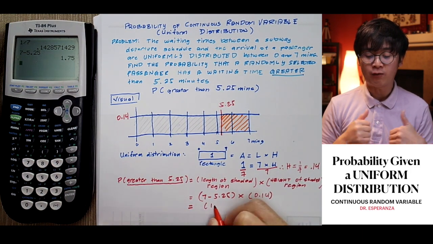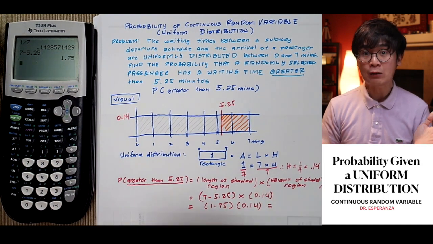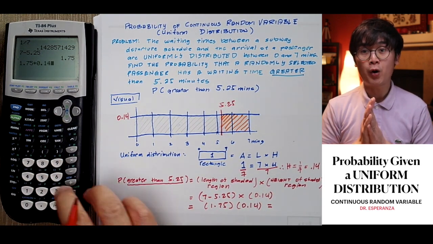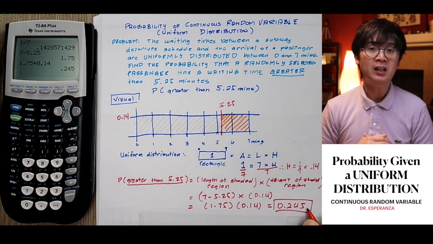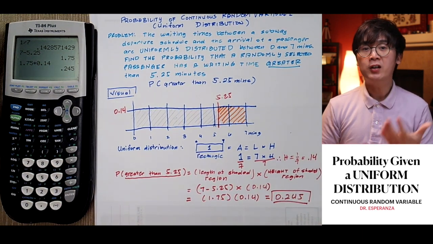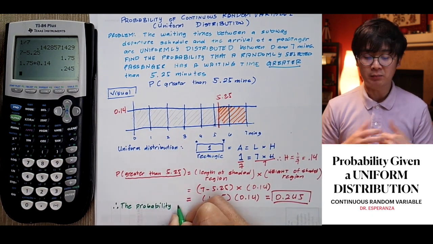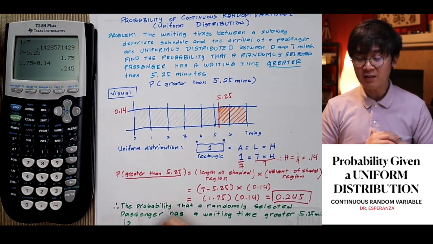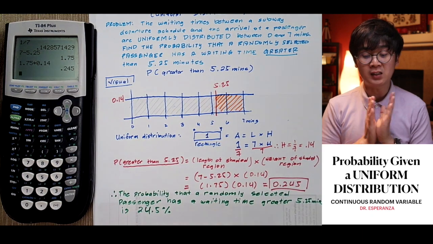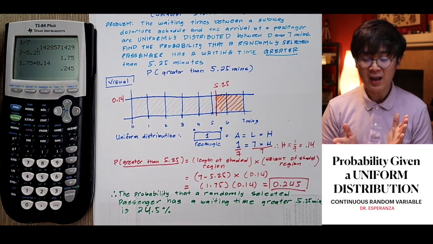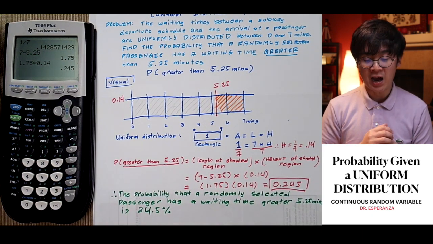Now we have 1.75 times 0.14, which is equal to 0.245. That is the probability that we are looking for in this uniformly distributed problem. Therefore, the probability that a randomly selected passenger has a waiting time greater than 5.25 is about 24.5%.